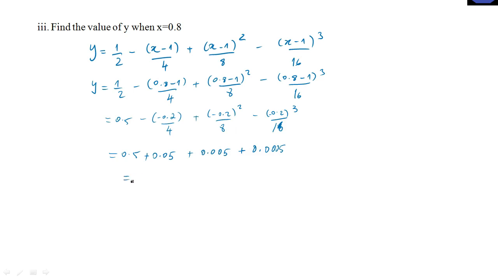So this is going to give me as final answer 0.5 plus 0.05 plus 0.005 plus 0.0005. So this gave me 0.5555.